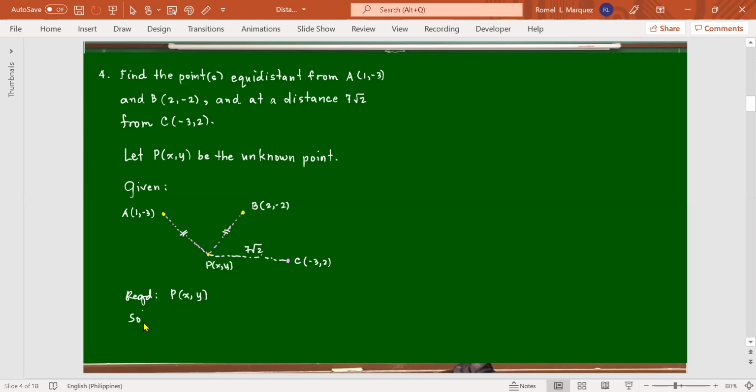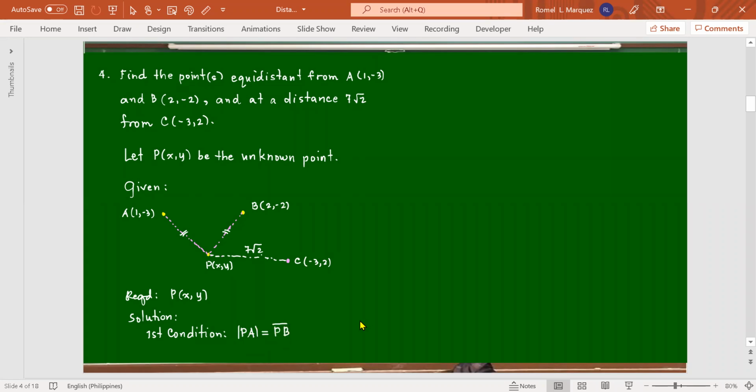First, we have to apply the first condition. What is the first condition, guys? P going to A is equal to what, guys? PB, sir. P going to B, no?